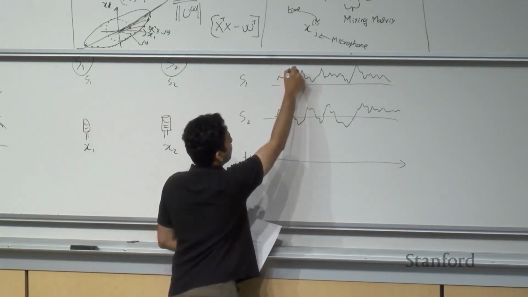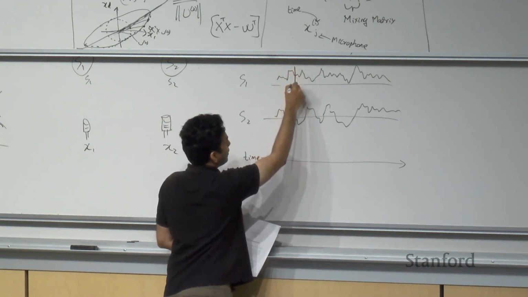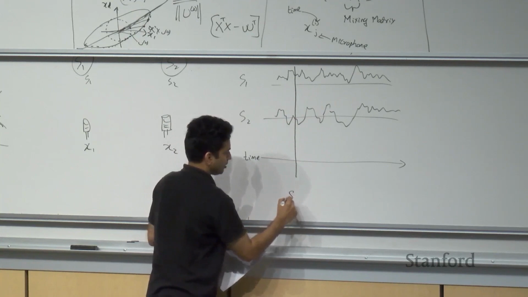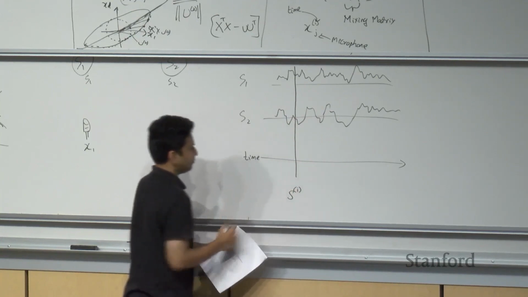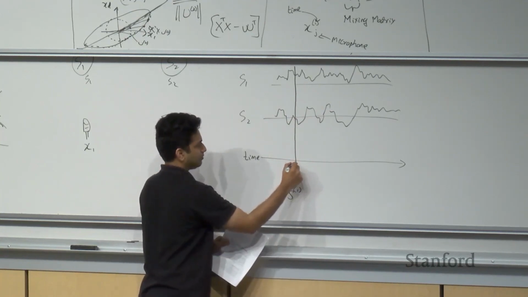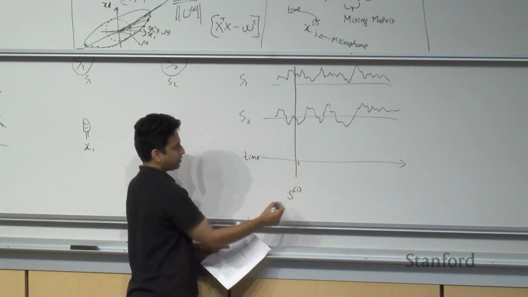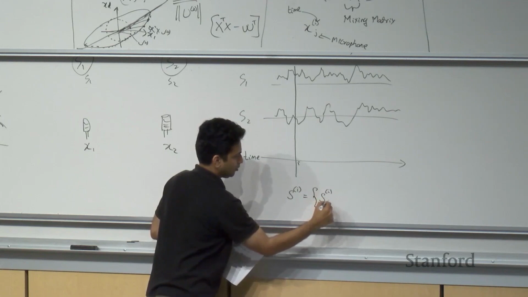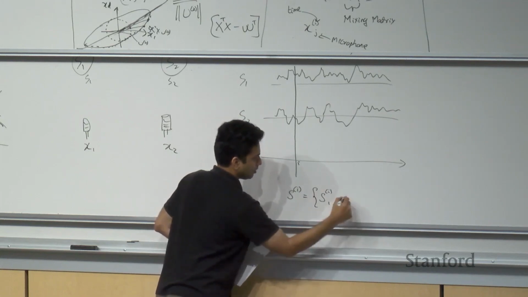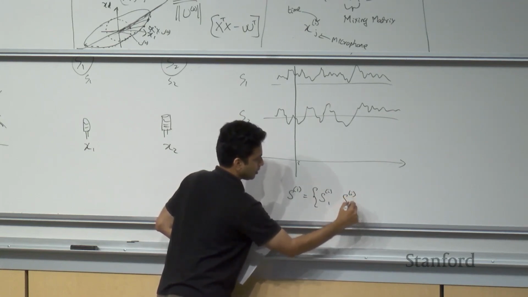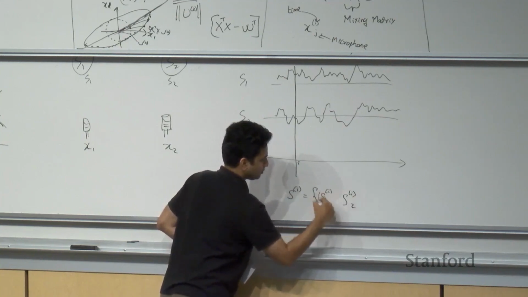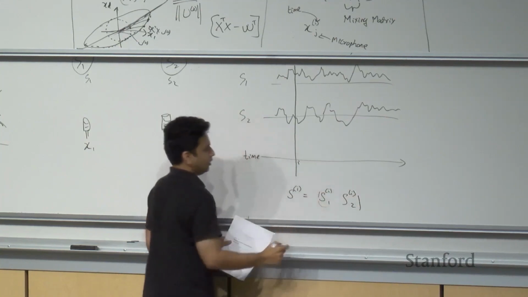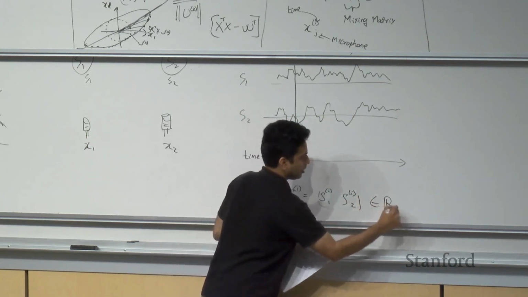If we take a point in time and record a snapshot, this will give us S_i. So at time i, S_i will be S_i1, S_i2, and this is in R^D.